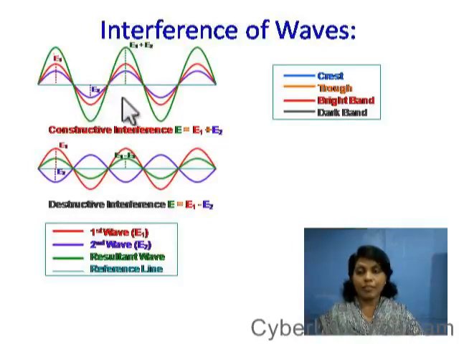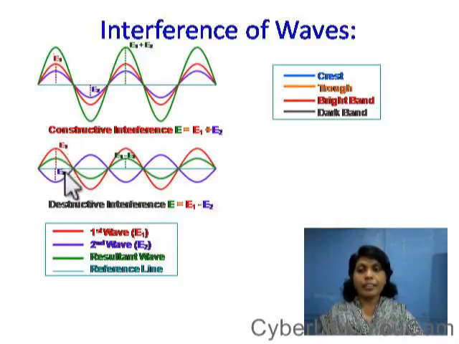Such a kind of interference is known as constructive interference. The waves are said to be in phase with each other at the point where they interfere. Therefore, we get constructive interference.